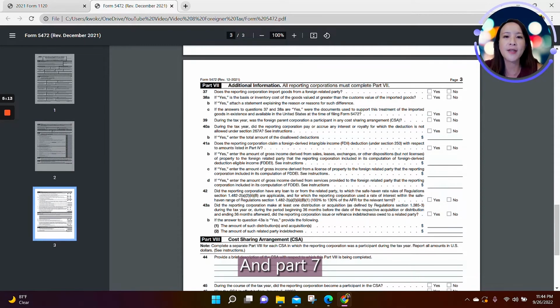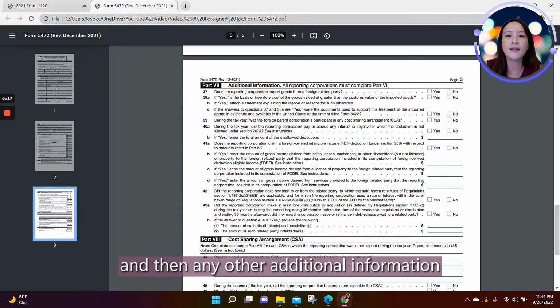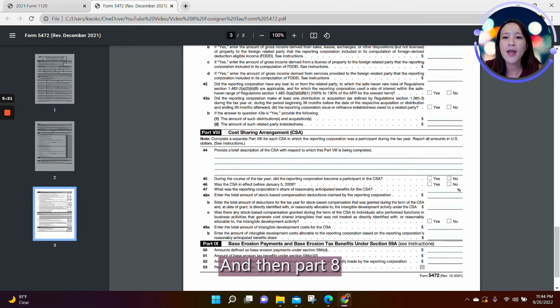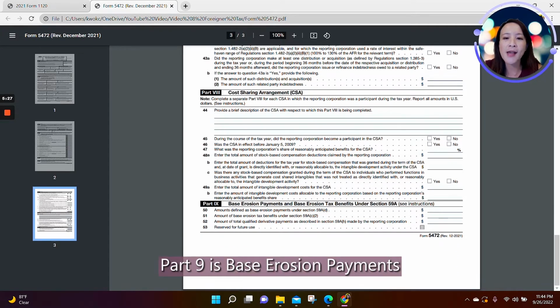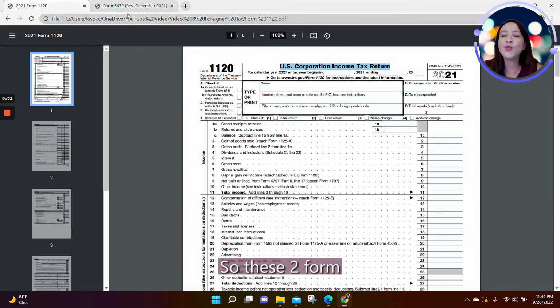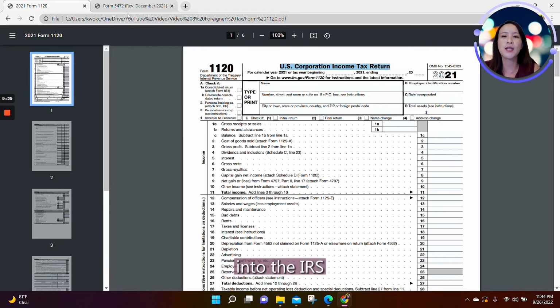And Part 7, if you are a corporation, you do need to fill out this part, and then any other additional information. Part 8 is cost sharing arrangement. Part 9 is base erosion payments. These two forms you're going to put together and send in to the IRS.